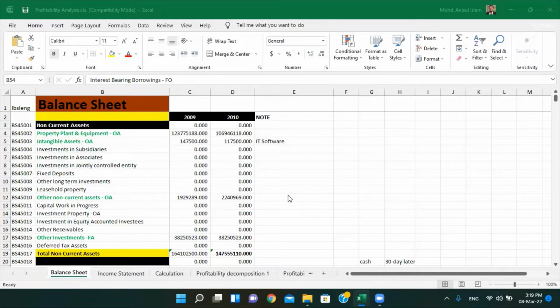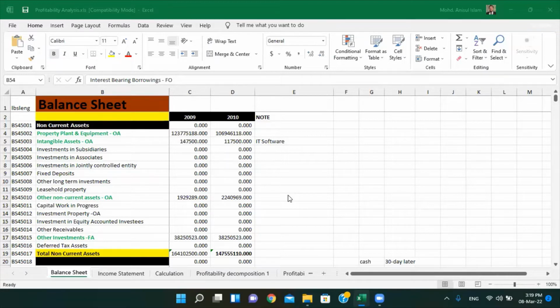leverage. So if we do not make a decomposition, say we have simply net income over the average shareholders equity, which is ROE, we have a profitability indicator, but we cannot identify what the sources of profitability are.